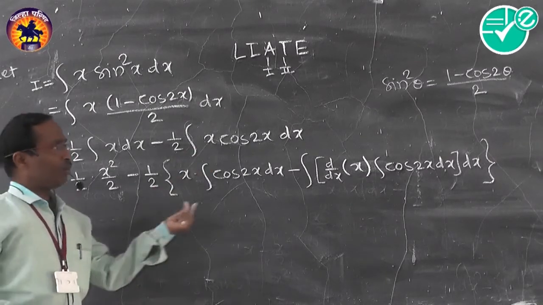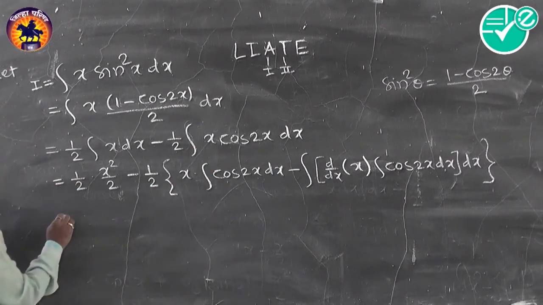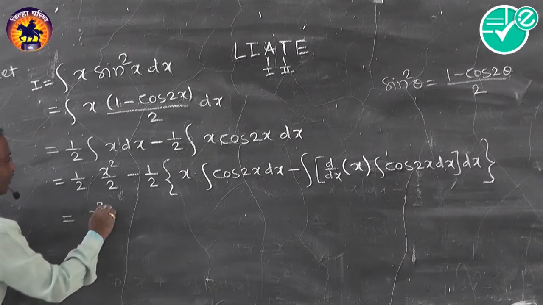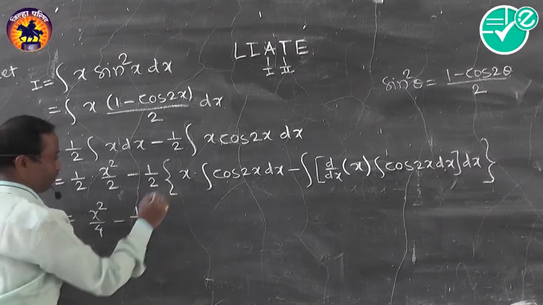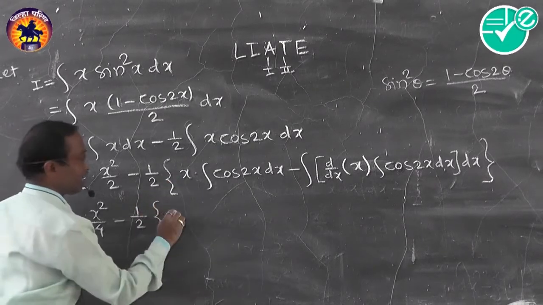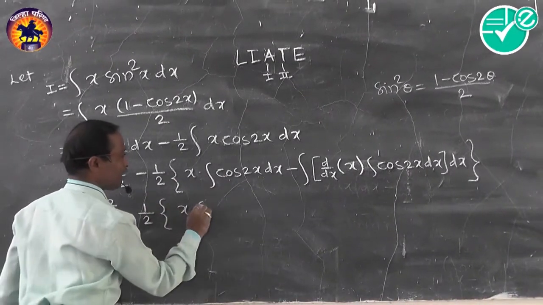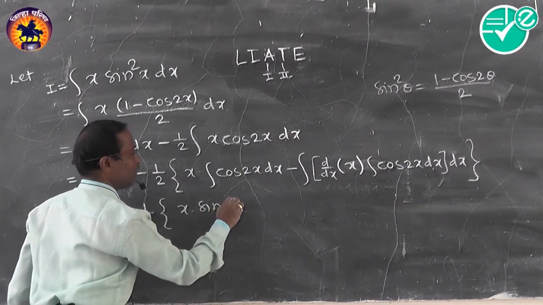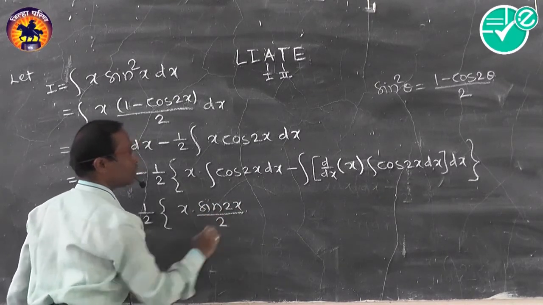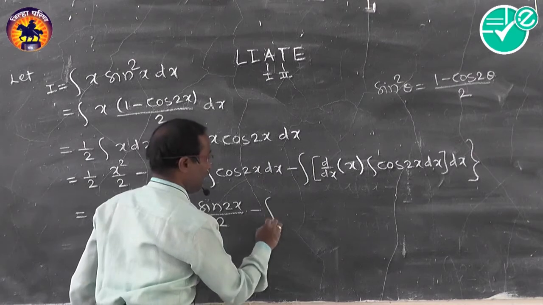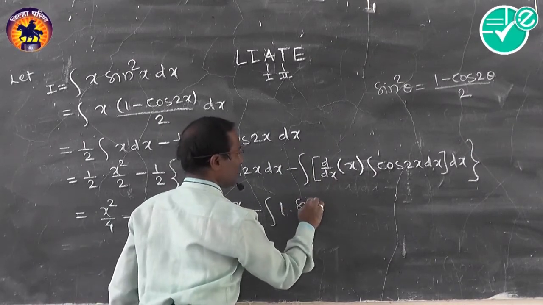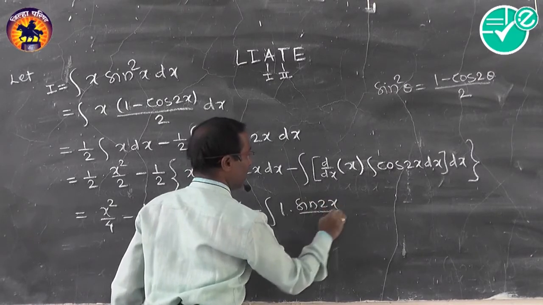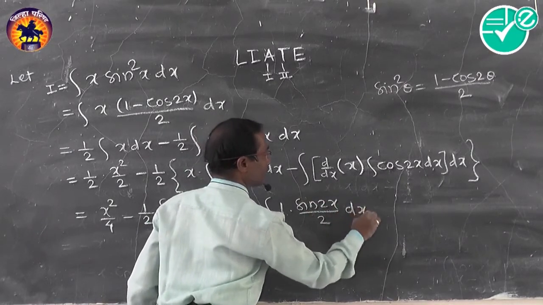So minus 1 by 2 into curly bracket, we get this function x square by 4 minus 1 by 2 into x into integration of cos 2x, sin 2x upon 2, minus derivative of x is 1 into sin 2x upon 2 dx.